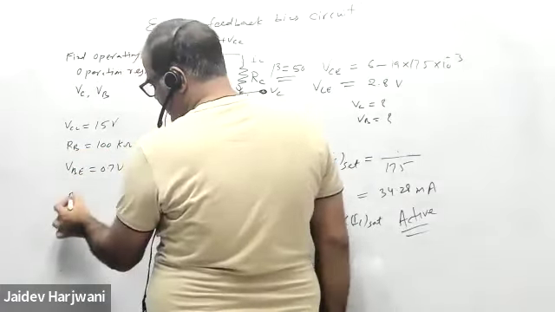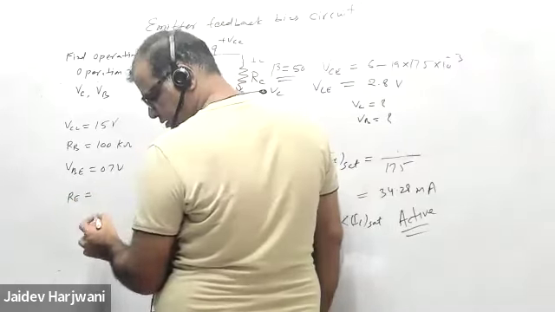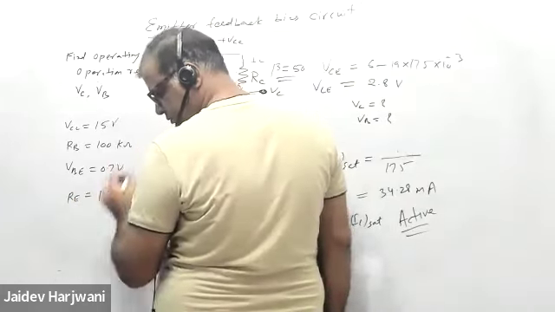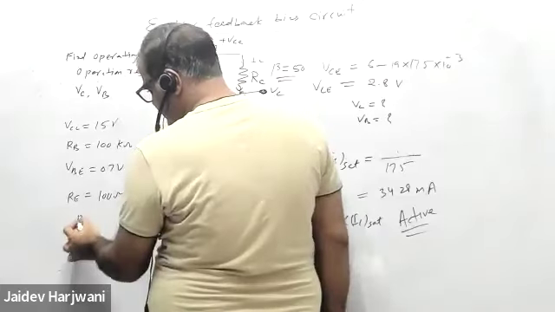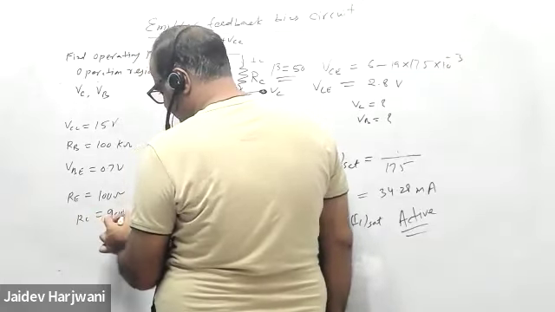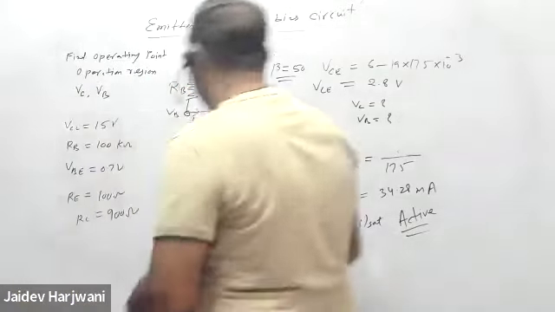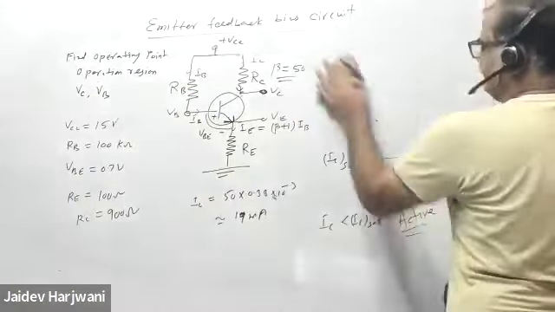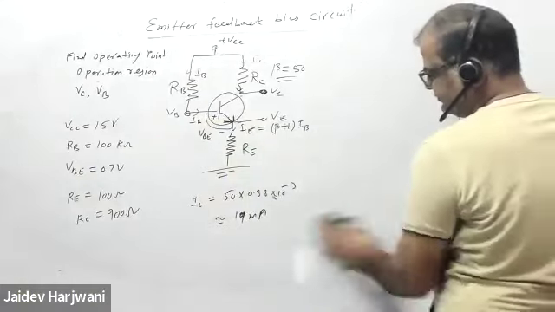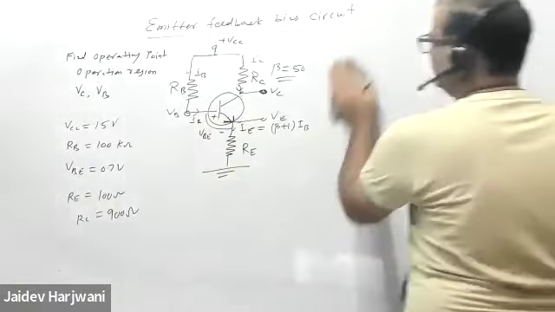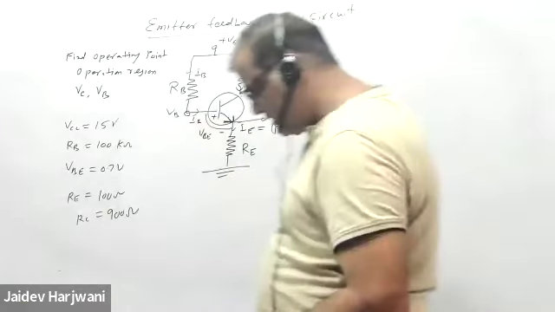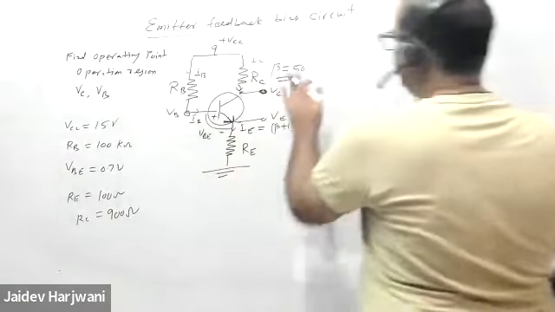And then your RE is your 100 ohm. RC is 900 ohm. Now you calculate quickly. Beta value is 100.